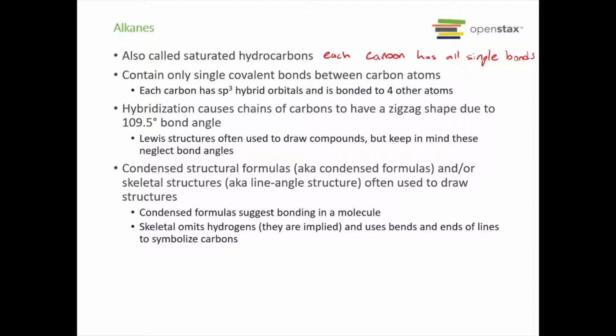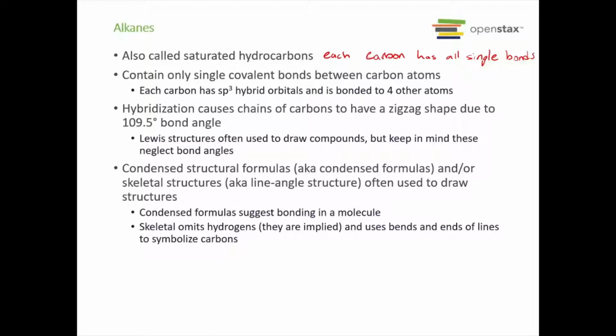But it's all single bonds, really, is what it comes down to between all the carbons when they're bonded together. So these alkanes contain only single covalent bonds between carbon atoms. And each carbon that's in the molecule has sp3 hybrid orbitals, and it's bonded to 4 other atoms.